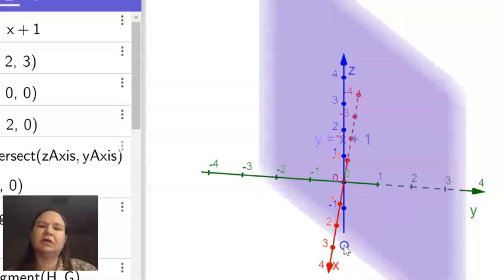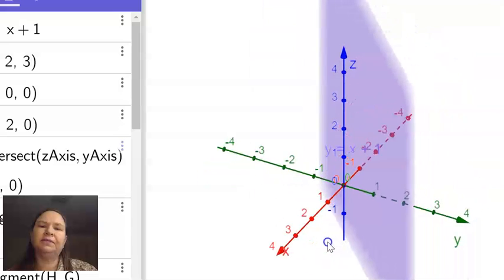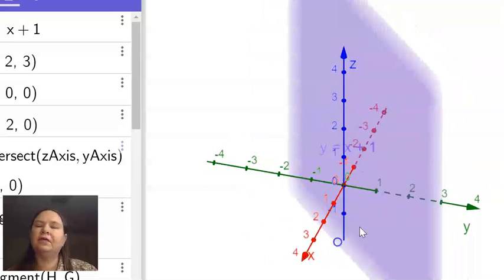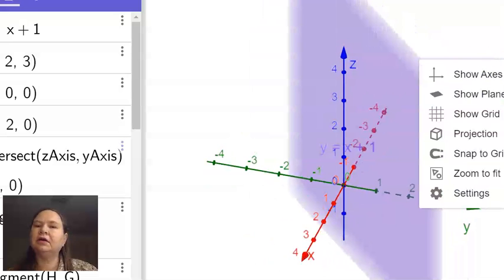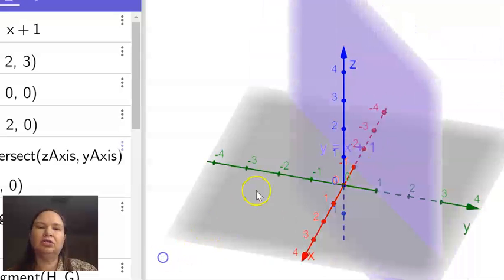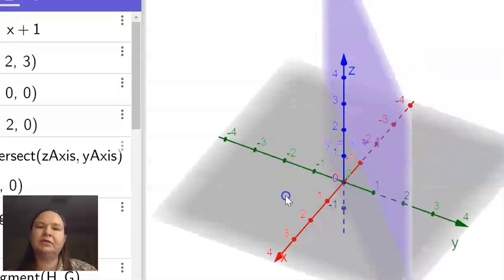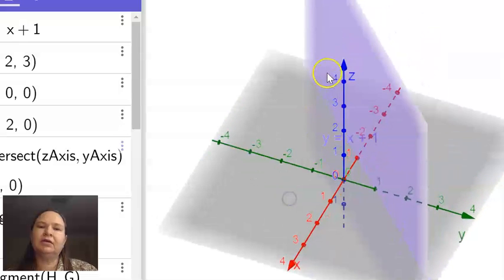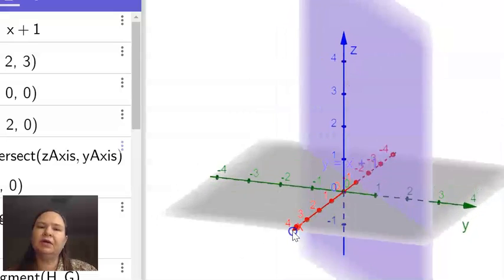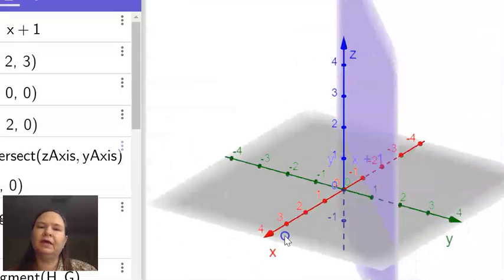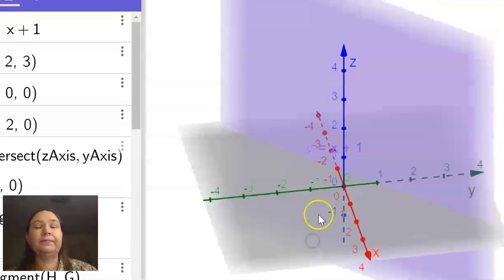So there you go. It's got that line in it. A thing I can do here is I can show where the XY plane is, so you can see where that intersects the XY plane in a line, and it's going straight up and down from that line, and so I have a plane.